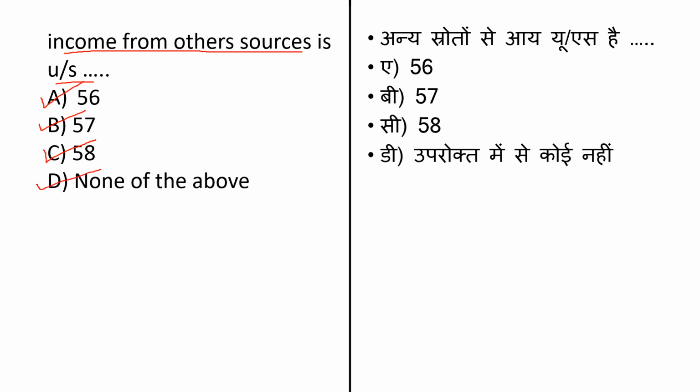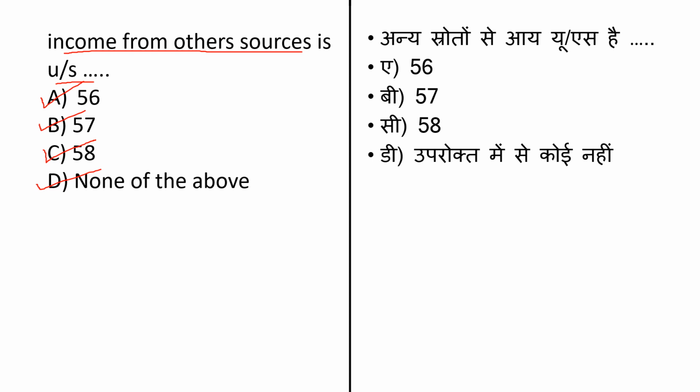Sections 14 to 59 of the Income Tax Act 1961 deal with the provisions related to the computation of total income, and section 58 provides for amounts not deductible. Section 57 provides for deductions.